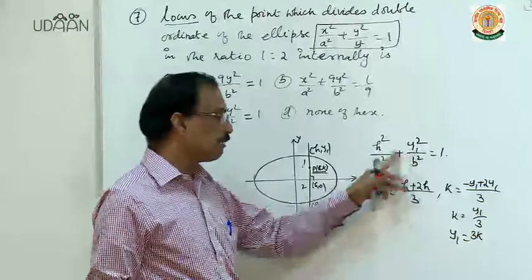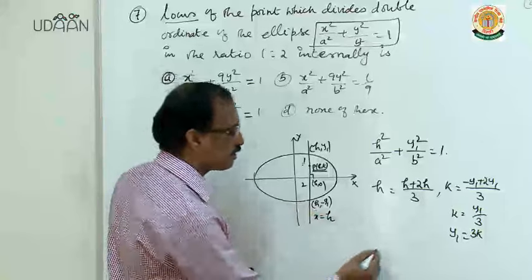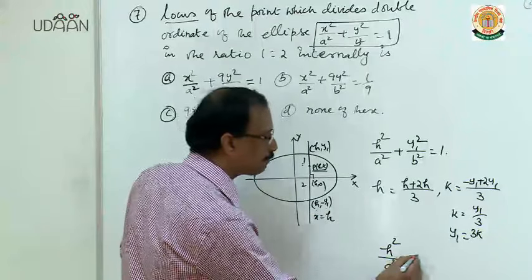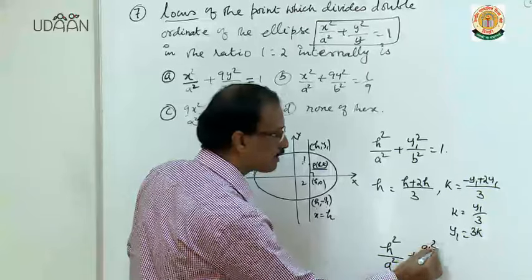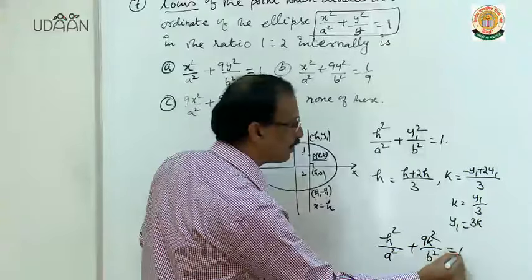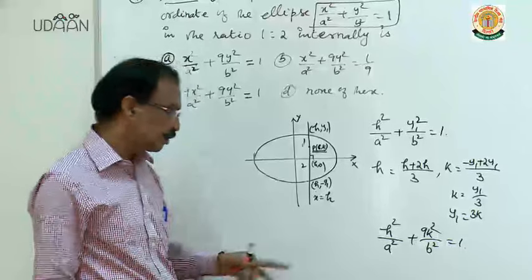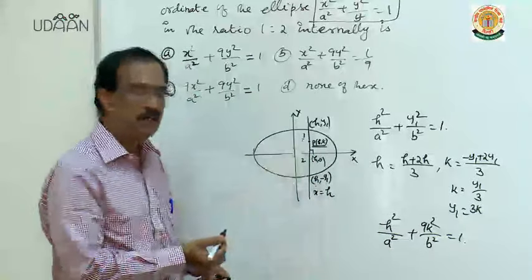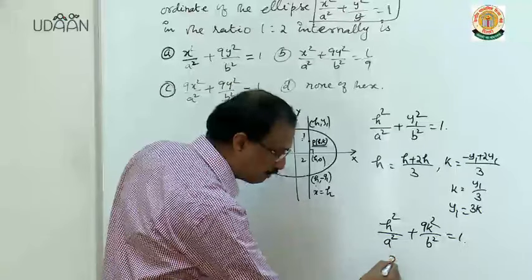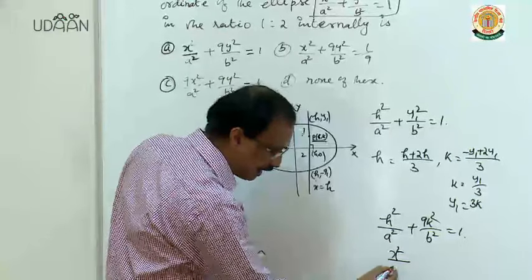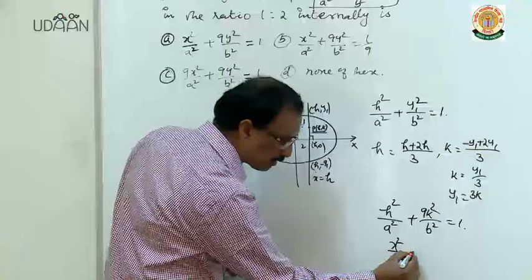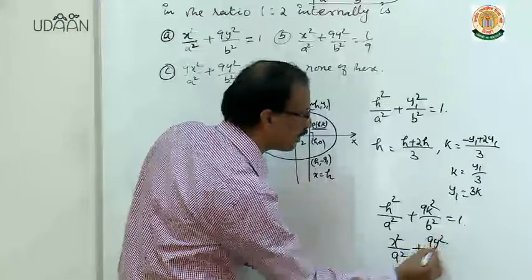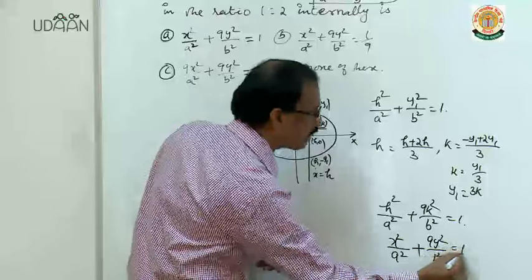Now replace in this equation. We get h square by a square plus 9k square by b square equal to 1. This h and k are any arbitrary point, so we can change them to x and y. So x square by a square plus 9y square by b square equal to 1.